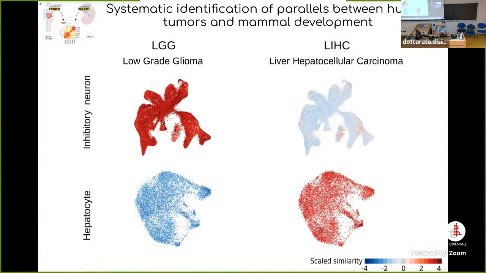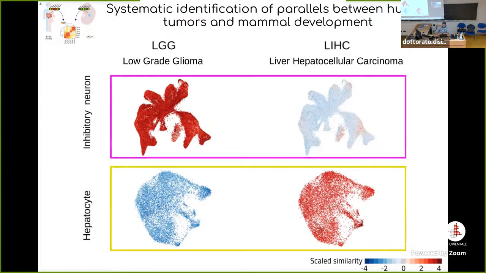When we do the same trick with samples of a liver cancer, we see the opposite: a very low similarity with inhibitory neuron cells, but an increased similarity with hepatocyte cells. These represent 4 data points.